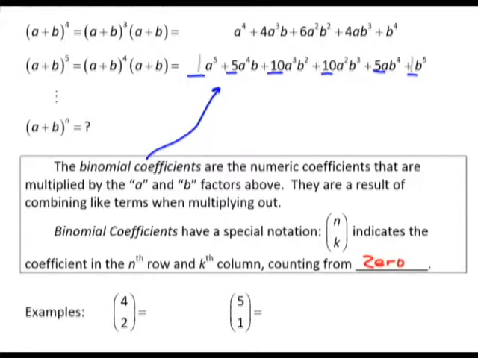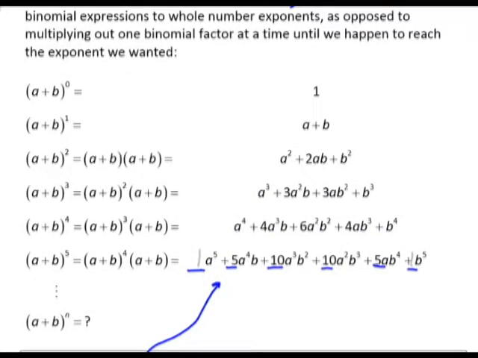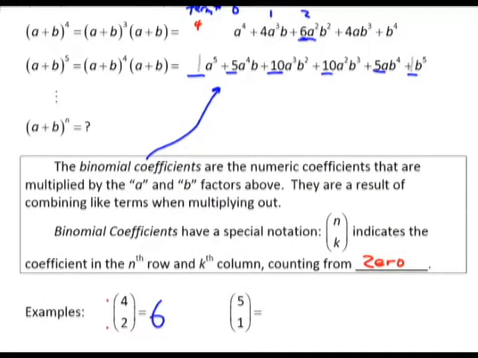For example, for 4 choose 2, it's going to be row 4, term number 2. We count the rows starting at 0. For 5 choose 1, we look at row 5, term 1, not term 0. We'll see more of that shortly.